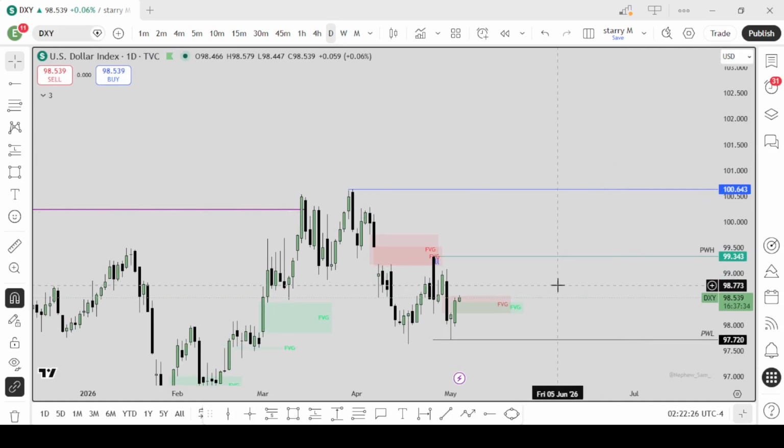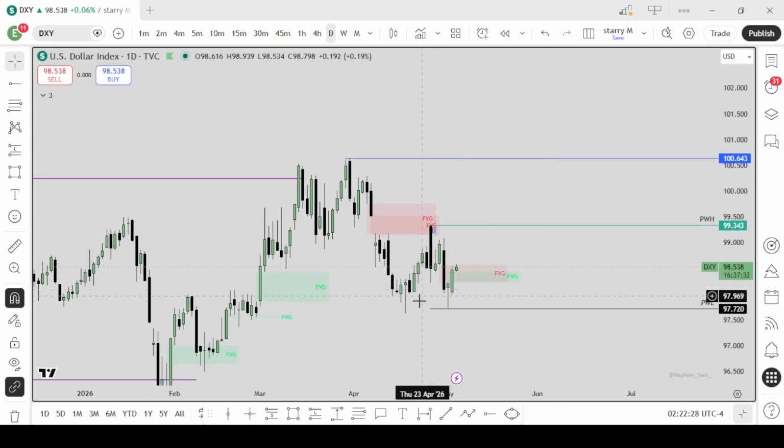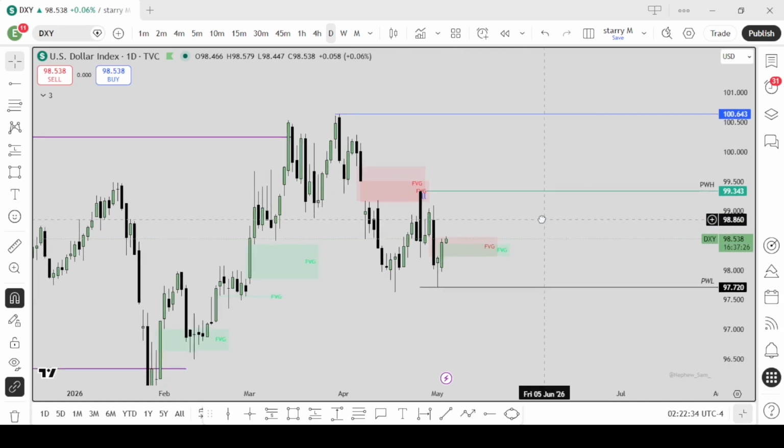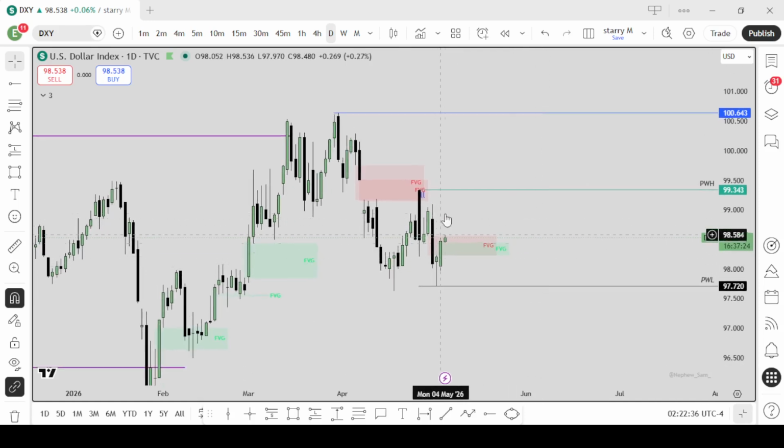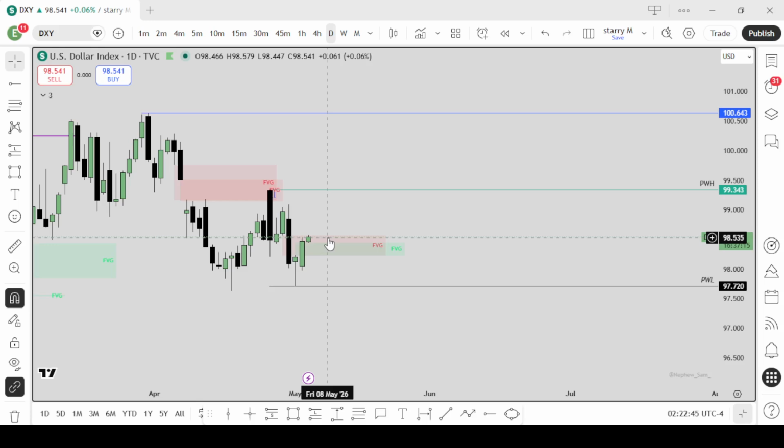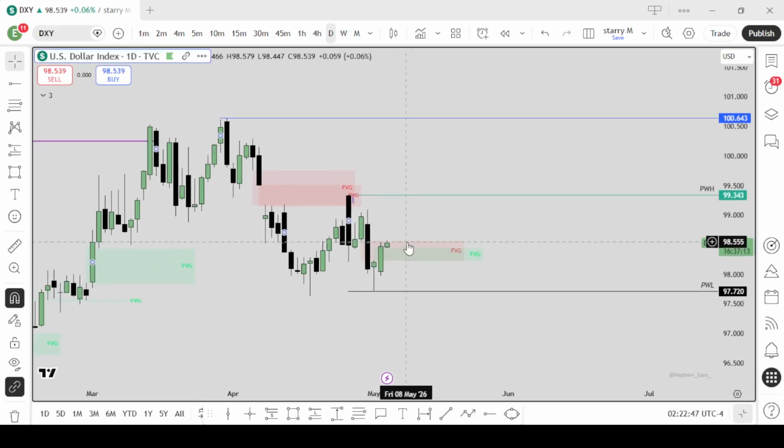On the daily, we just made this low, which is a higher low than this one. So there's potential bullishness. We are looking now to make a higher high, maybe higher than this or higher than this. This is our confirmation that we've started being bullish on the trend.